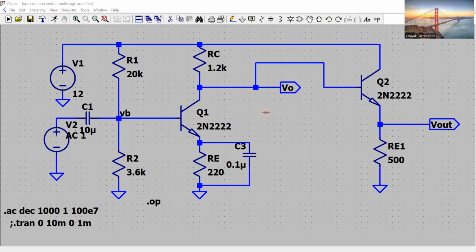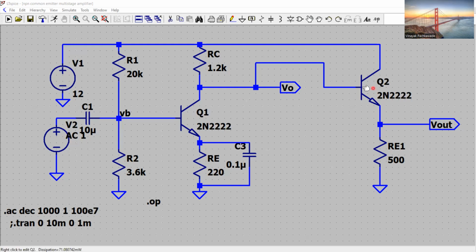So in such a case, we need to put up another amplification stage, which may or may not provide another gain factor. The combined gain of the multi-stage amplifier in that case will be the gain of stage 1 multiplied by the gain of stage 2.